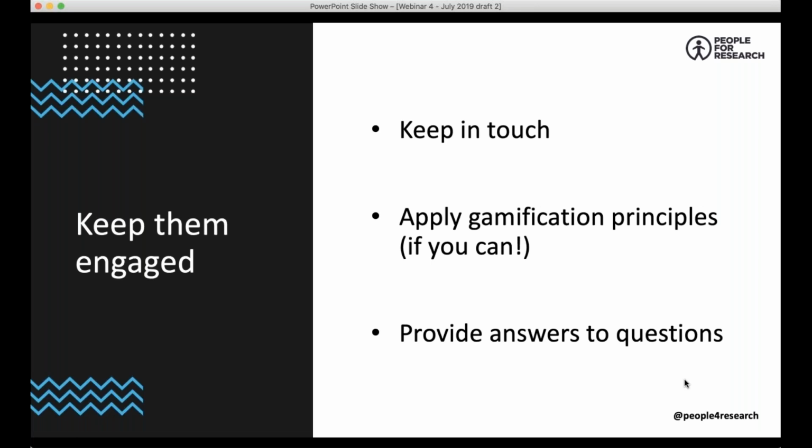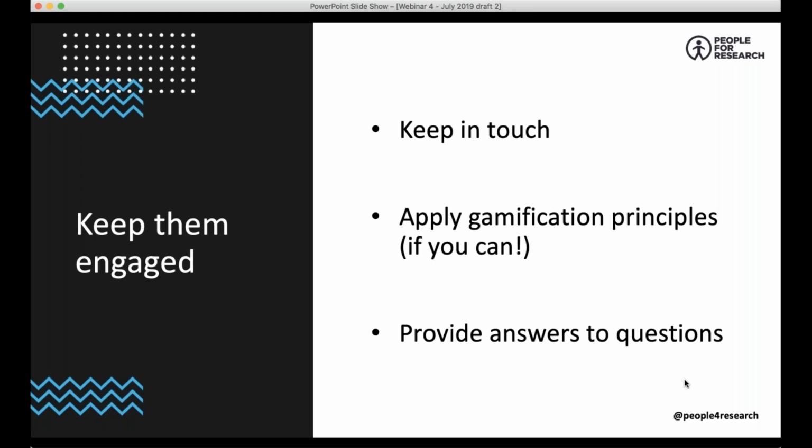That is a really obvious one, I know. But also if you're running diary studies over the course of a long period, because that works really well, just keeping people engaged and showing them, for example, a progress load bar, which is something we did recently with a diary study we recruited for.